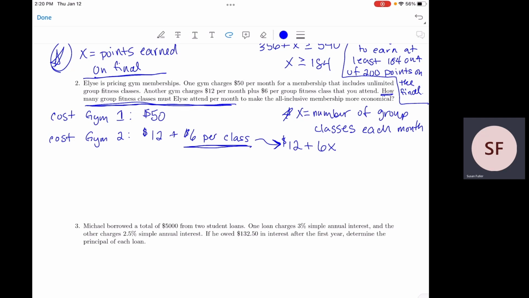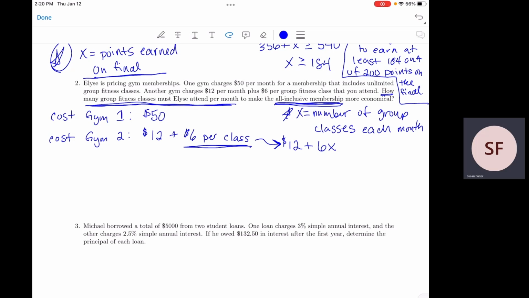Okay, so how many group fitness classes must Elise attend per month to make the all-inclusive membership, the membership that you don't have to pay extra for anything, more economical? That means cheaper. So I want gym 1 to be cheaper than gym 2. That means the cost of gym 1 needs to be less than gym 2.